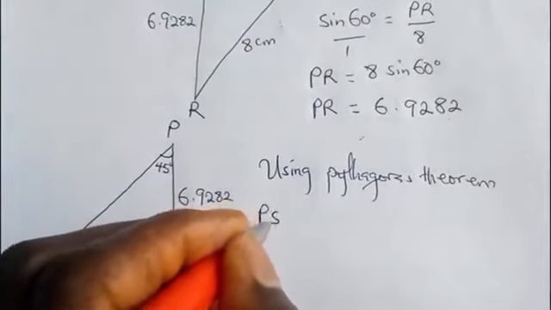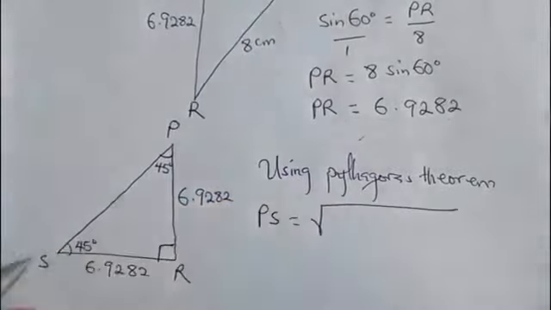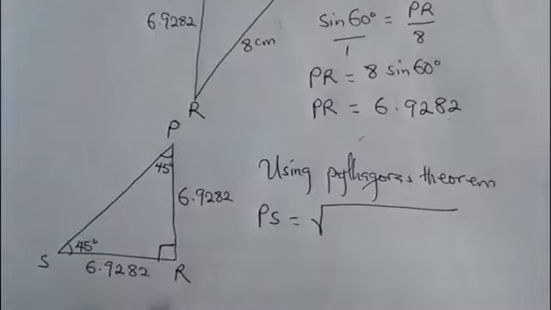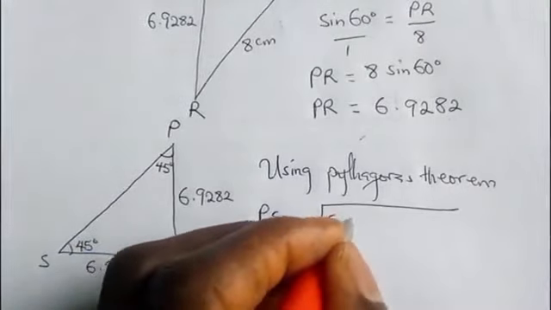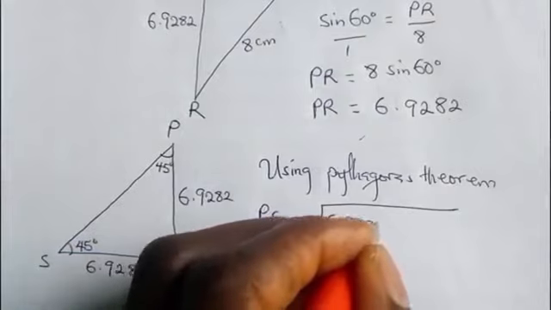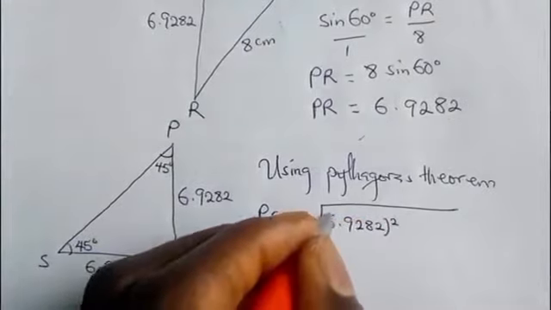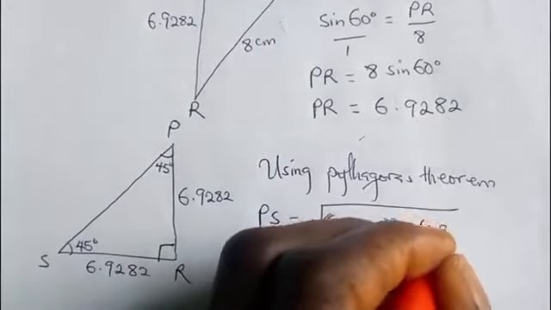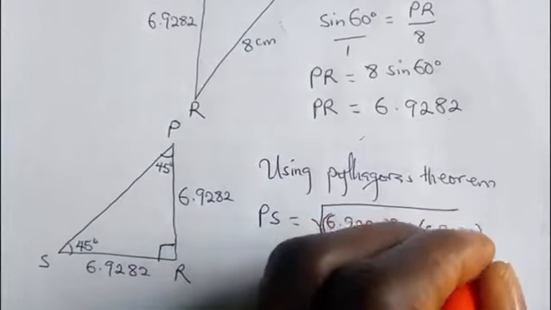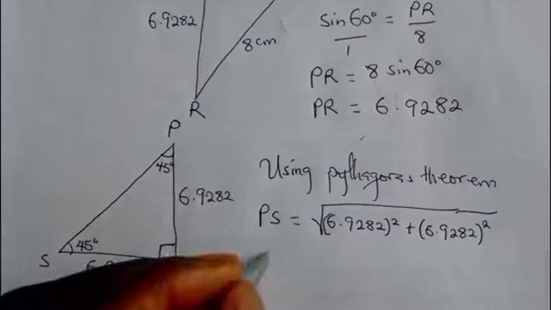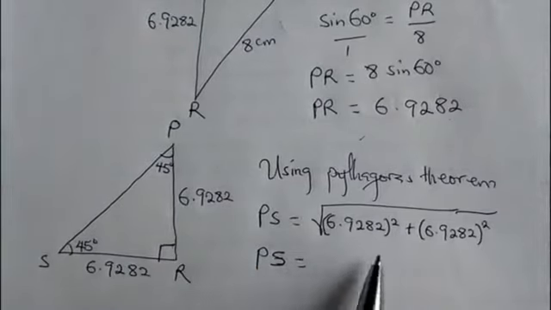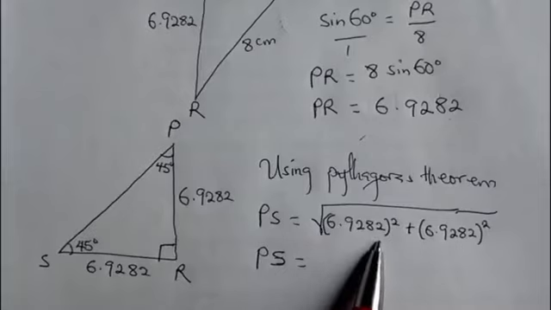PS is going to be equal to the square root of SR squared plus PR squared, that is 6.9282 squared plus 6.9282 squared.